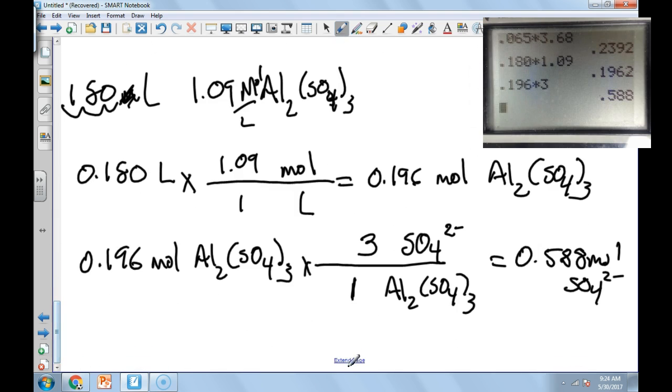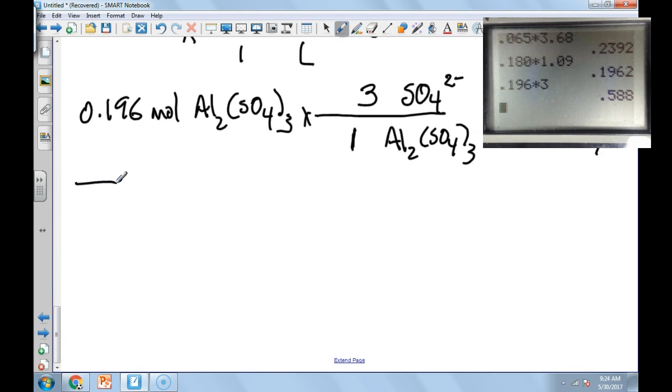Now that we have moles, we have to figure out which is the limiting reagent calculation. Again, some of you may be able to see it right away, but I'm going to do it like I always do it. I'm going to do the limiting reactant calculations right here.